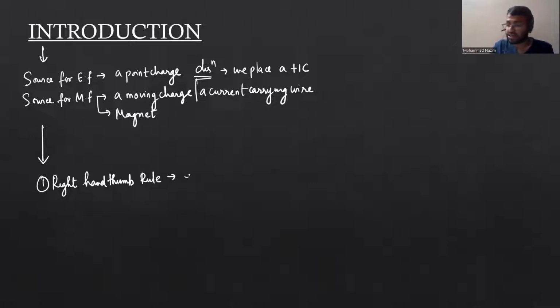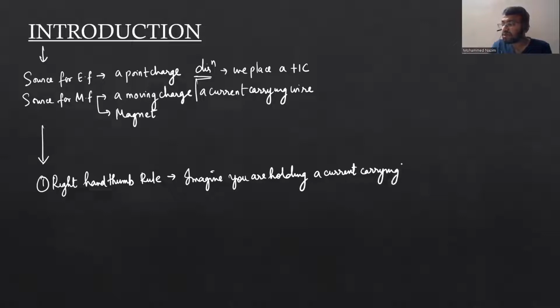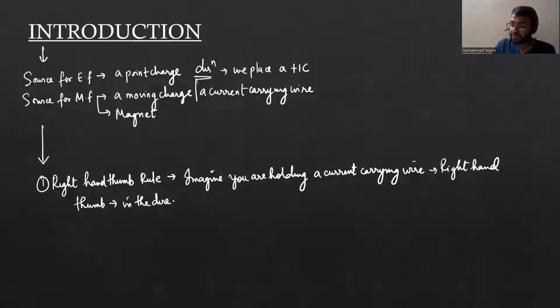It states that imagine you're holding a current carrying wire in your right hand such that the thumb points in the direction of current. Then the fingers encircled will give you the direction of magnetic field lines.